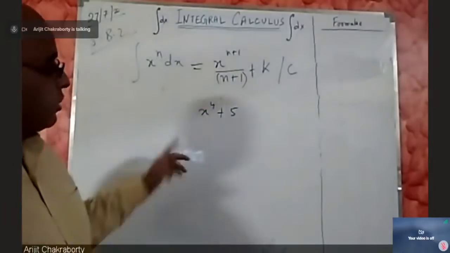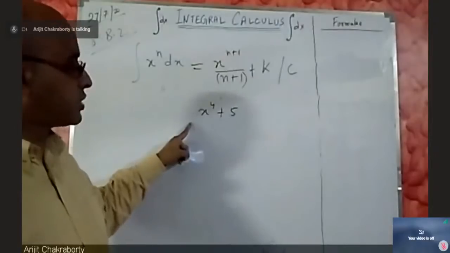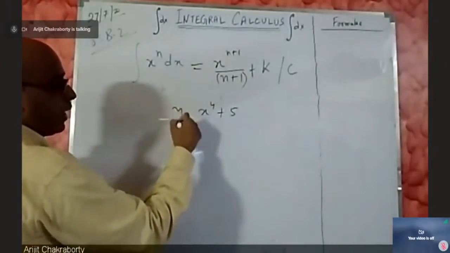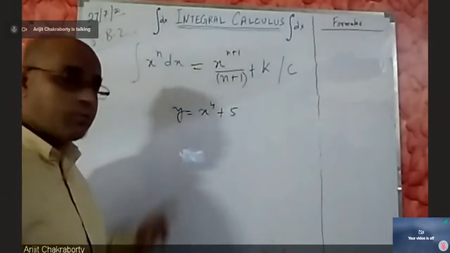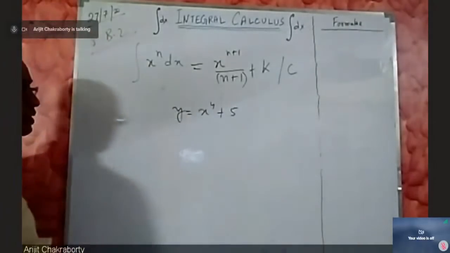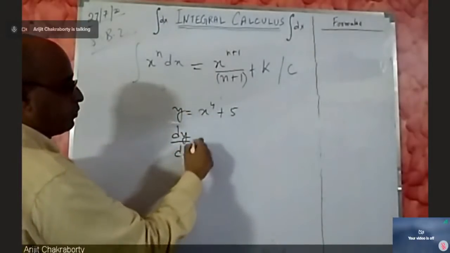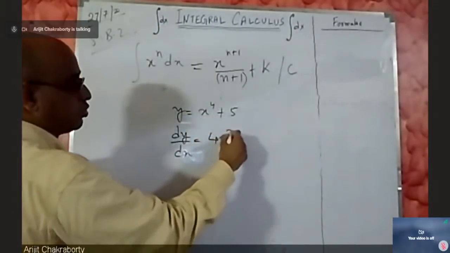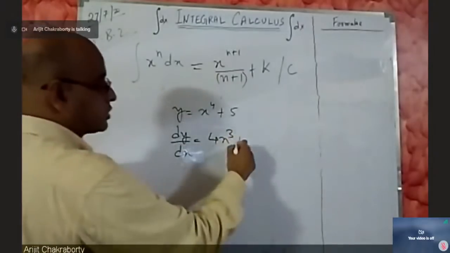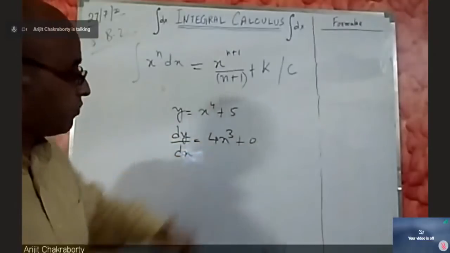Now if you differentiate this, if y equals this, and you want to find the differential coefficient of this particular function, what will be dy by dx? dy by dx will be equal to 4x cubed plus 0, because the differential coefficient of 5 is 0.